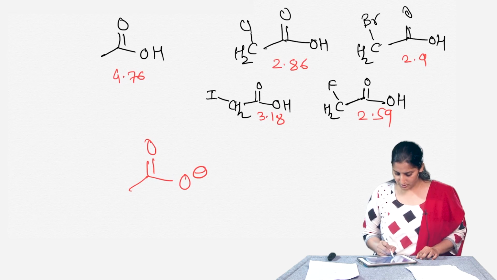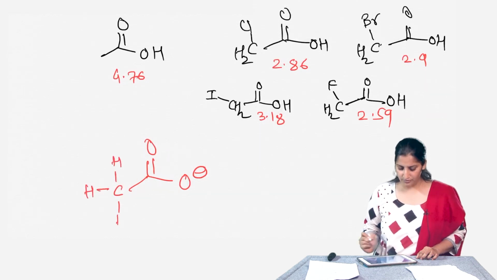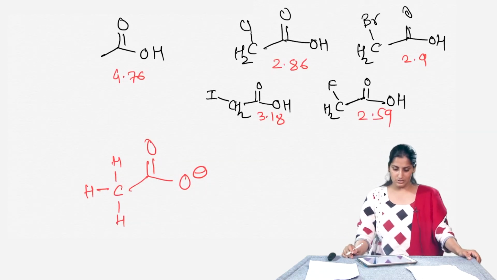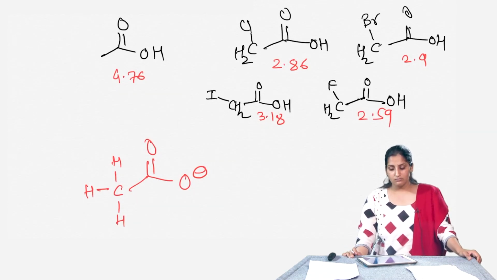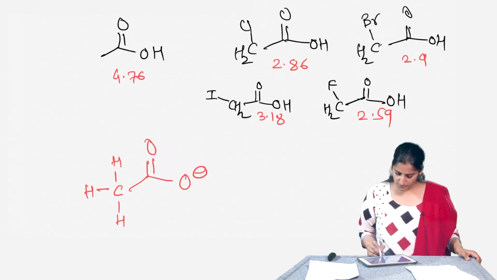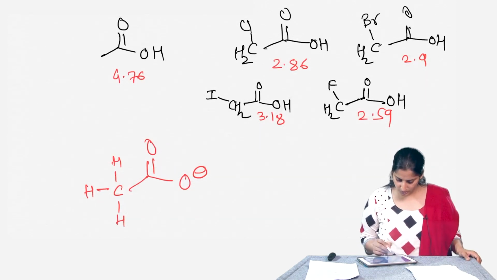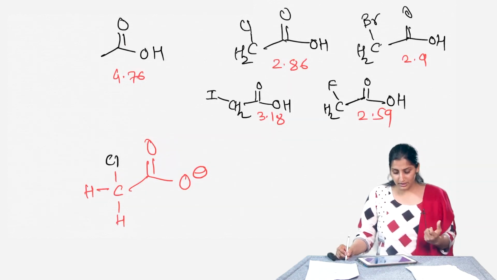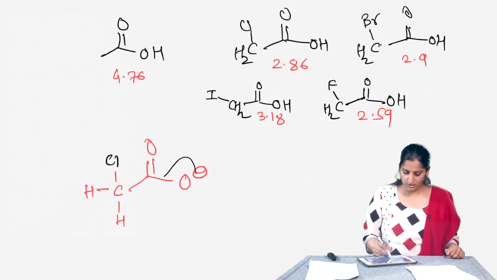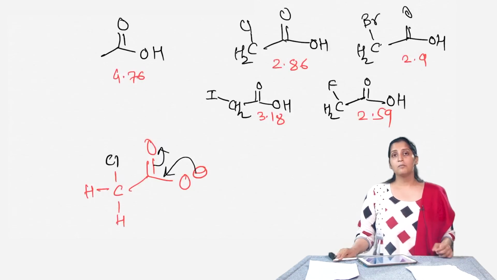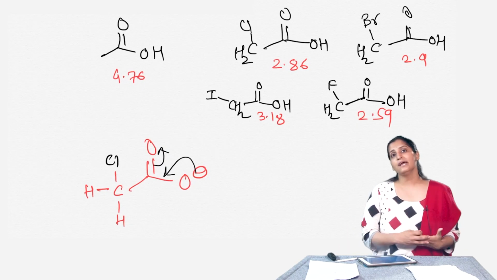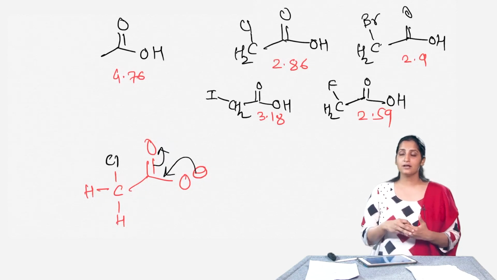and its conjugate base. In the case of acetic acid, the conjugate base is stabilized by resonance. Now, if I change this hydrogen to a chlorine, the negative charge on that oxygen is of course resonance stabilized, but also chlorine, being more electronegative, is going to pull electrons via something called an inductive effect.